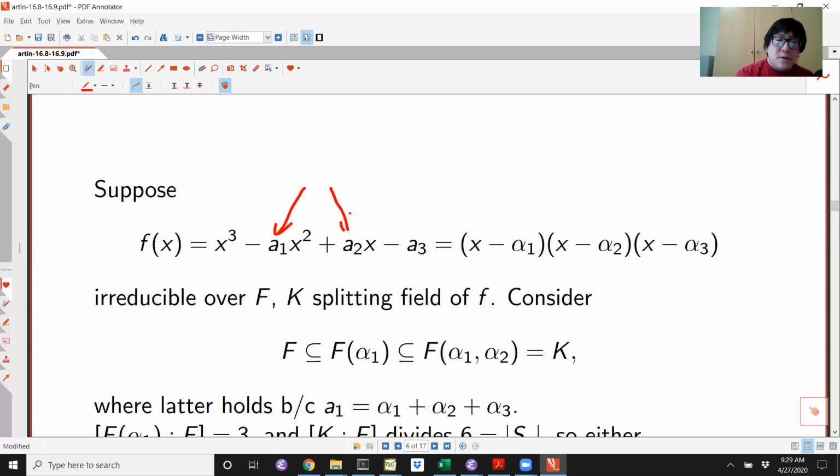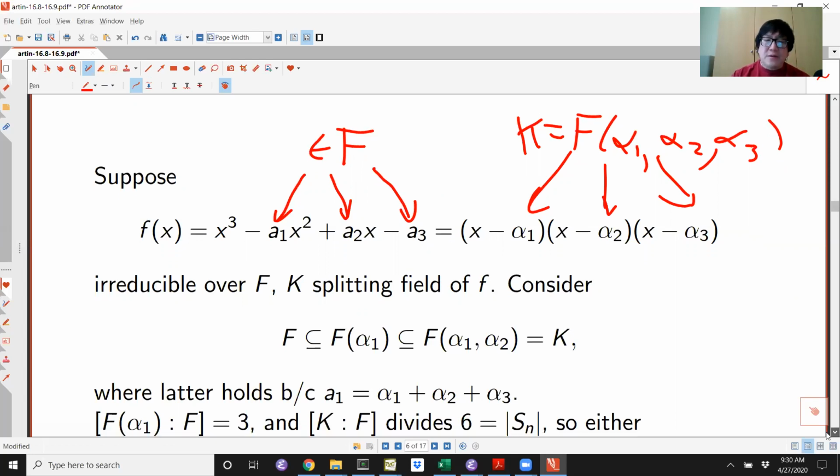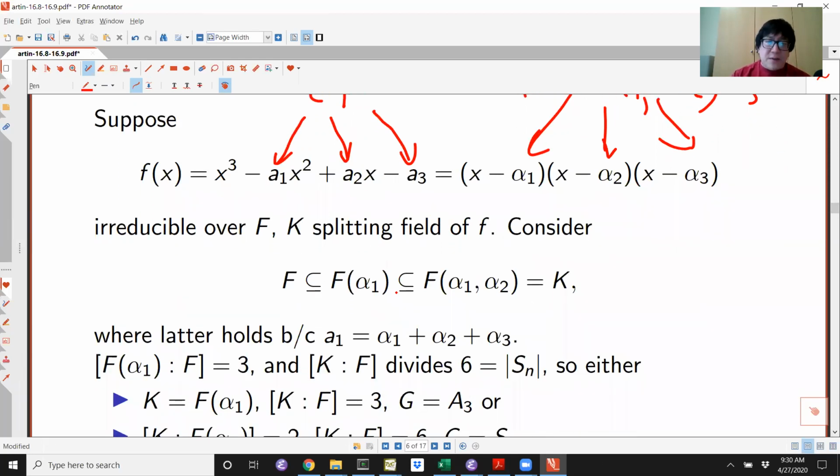These elements are in the ground field, capital F, and K is equal to F adjoin the other ones, alpha 1, alpha 2, alpha 3. Suppose little f is irreducible over big F, and K is the splitting field of little f. And so we have the following tower of fields.